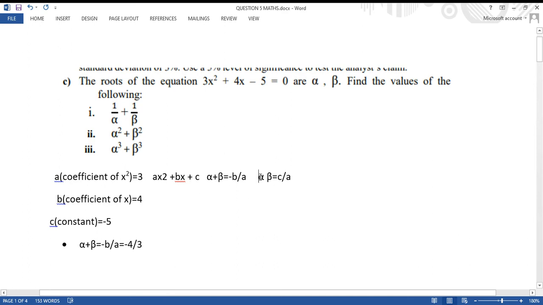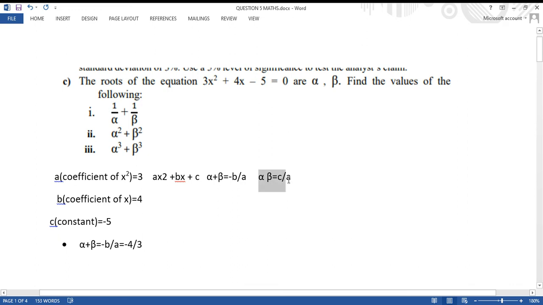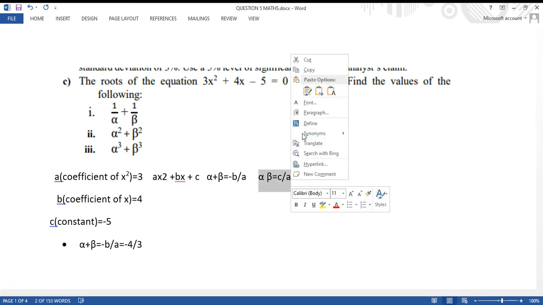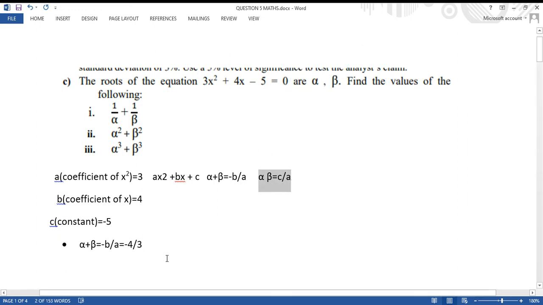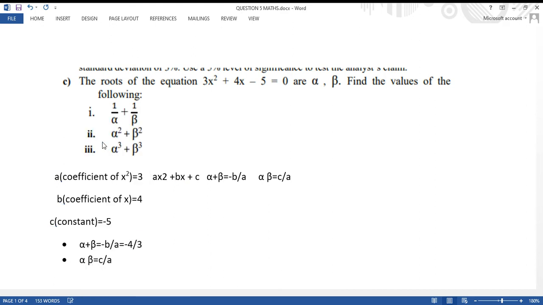Then the next one, our alpha times beta, is c over a.